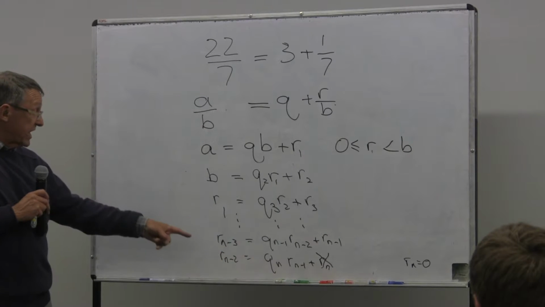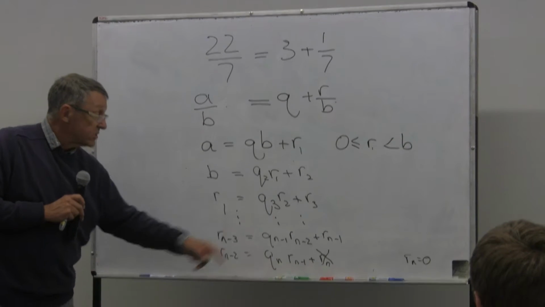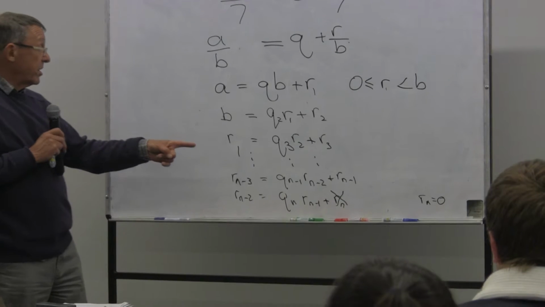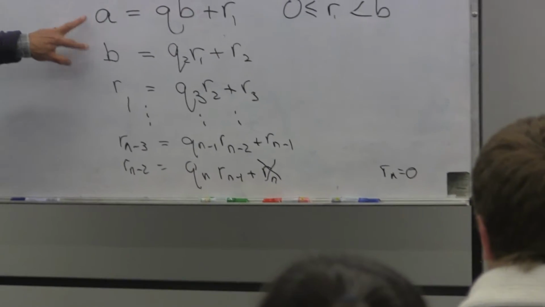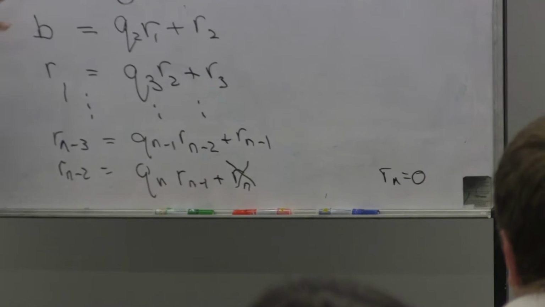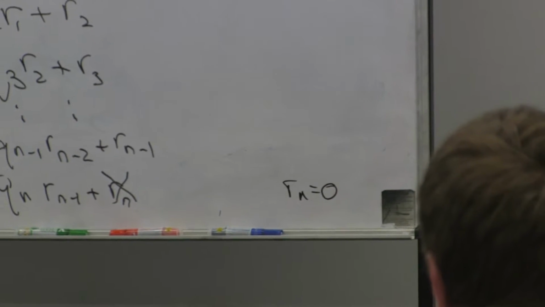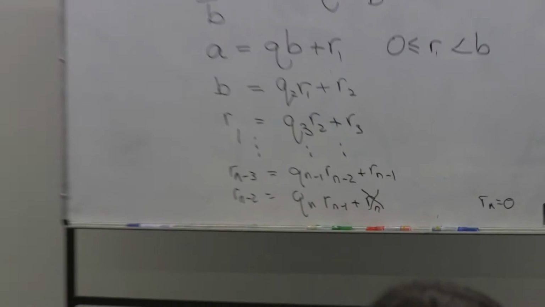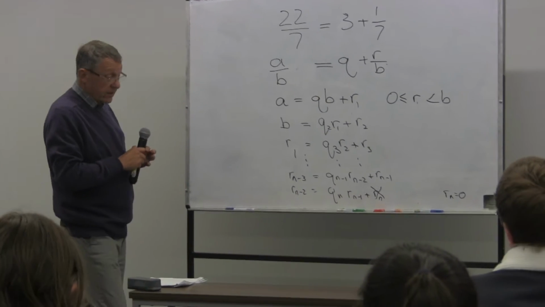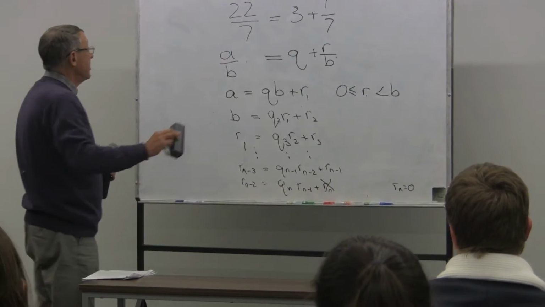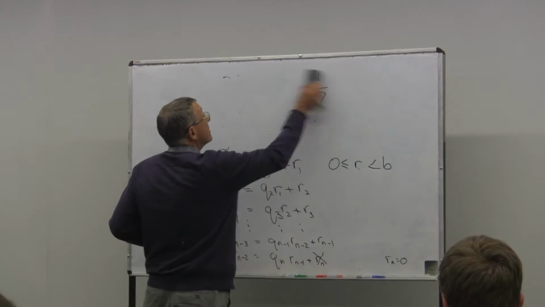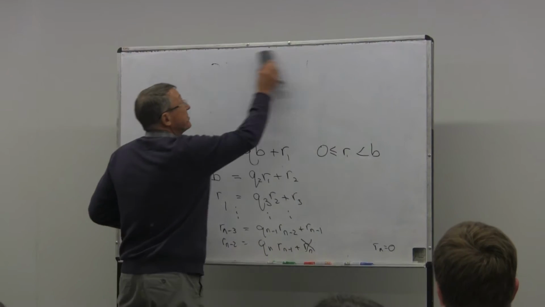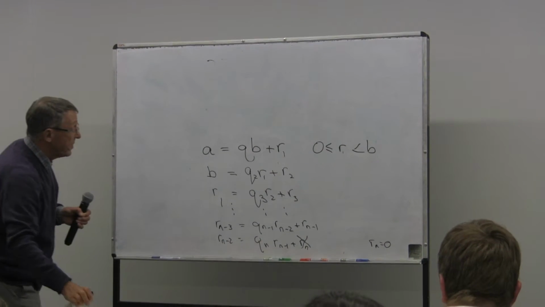Working back up the table, Rn minus 1, the last non-zero remainder, is a divisor of all these left-hand sides. Therefore, it is a common divisor of A and B. We don't need approximations to pi any longer.